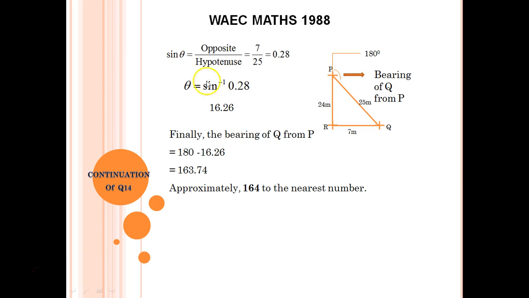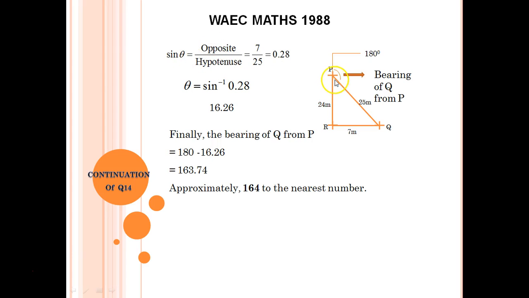Now, how do we do it? We go to the diagram here. You can see we need to find this angle here. We can find this angle by using a trigonometric ratio. We can say that sine theta is opposite over hypotenuse.